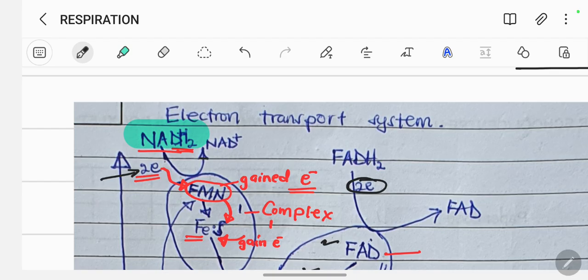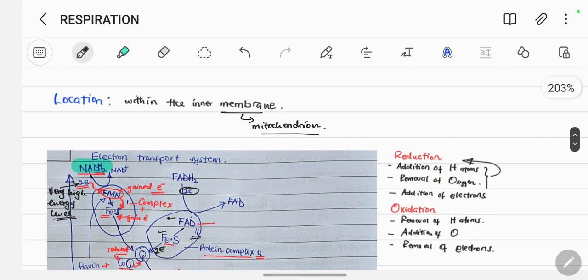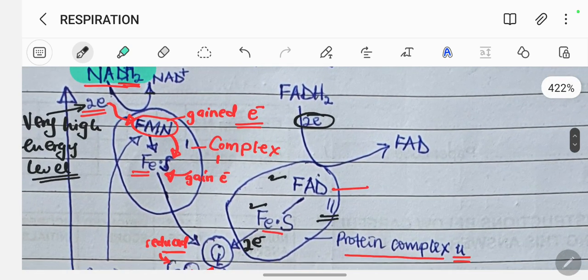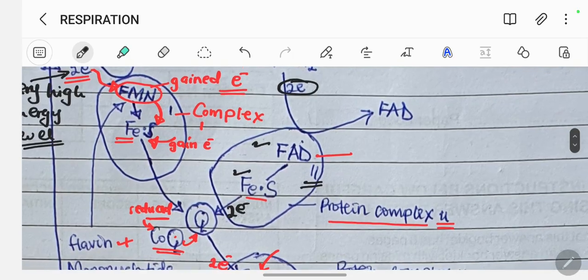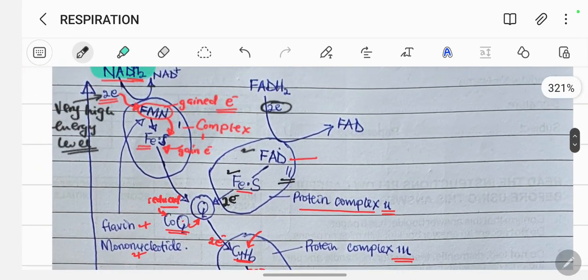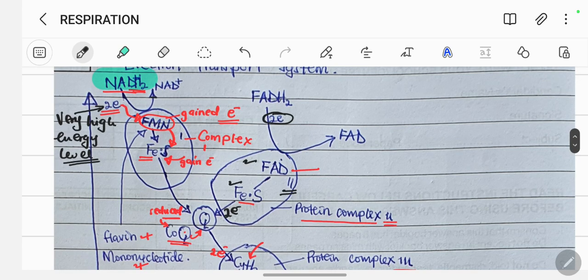So these ones are at, let me say, a very high energy level, such that when these electrons are submitted, they are going to be moving from regions of higher energy coming down to the ground state. Now this energy that is contained in these electrons is going to be tapped.